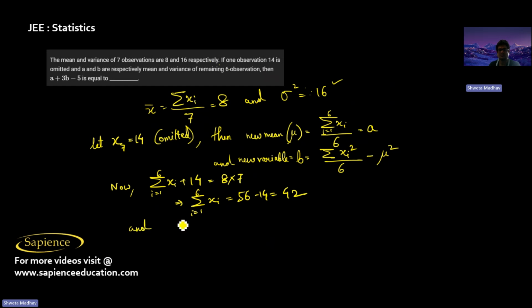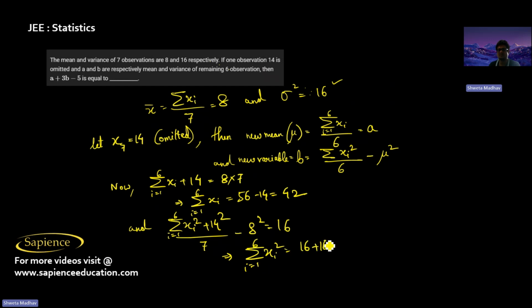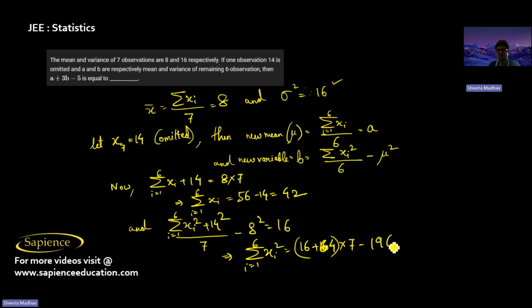And sigma square, so it means summation xi square, i from 1 to 6, plus 14 square, divided by 7, minus mean square, is equal to 16. So therefore I can say summation xi square, i from 1 to 6, will be equal to 16 plus 64, into 7, minus 14 square, hence minus 196.